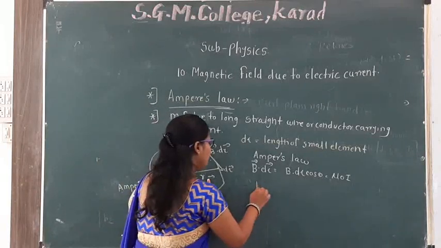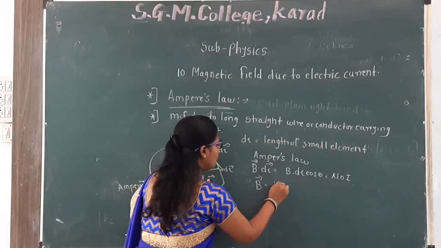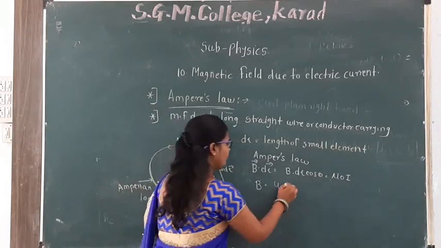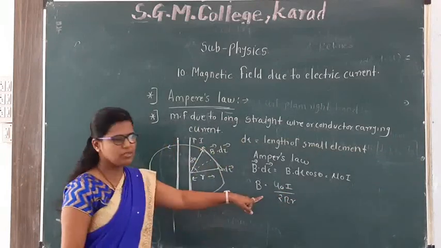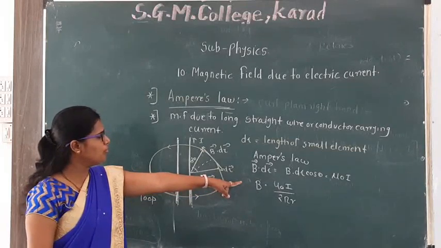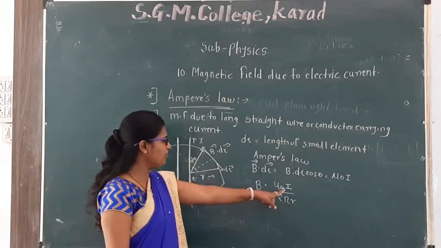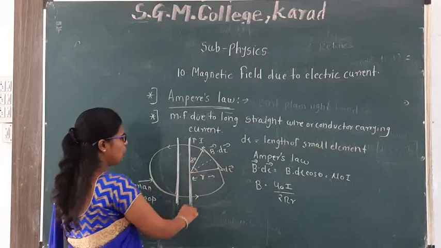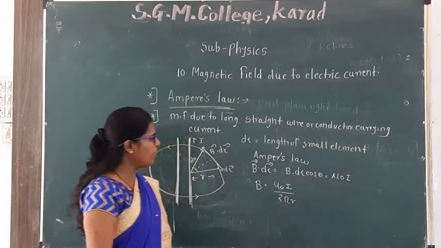B is equal to mu 0 I upon 2 pi R. We learned this equation in the last lecture, the magnetic field due to an infinitely long straight wire. So we can use this equation: B is equal to mu 0 I upon 2 pi R.